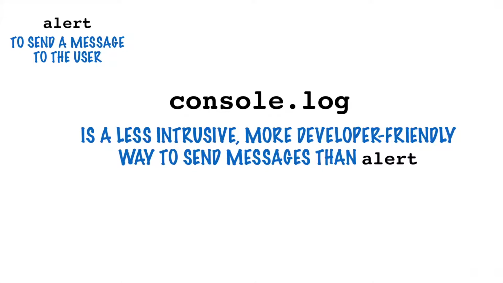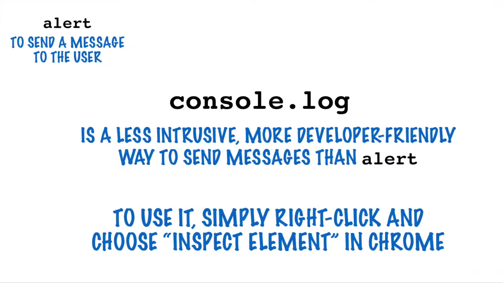Console.log is the function you'll use to print something out. But where is this printed out? On Chrome and many other browsers, what you'll do is you'll simply right click on your web page and choose the inspect element. This is definitely true in Chrome, and all other browsers will have something like that if you're debugging on it.